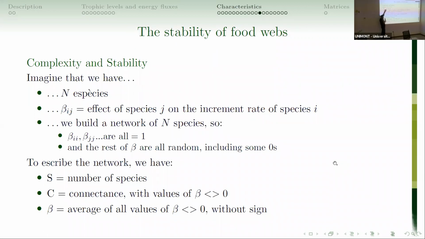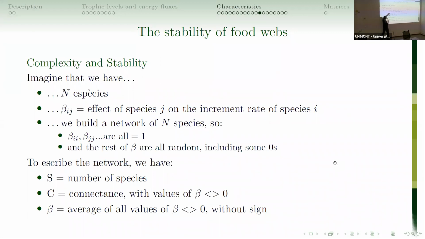The number of species, and the interaction strength, right? So the effect of a species J on a species I. Remember the effect of the predator on the prey, right? The interaction strength. So this was a theoretical work, with n species and interaction strengths.